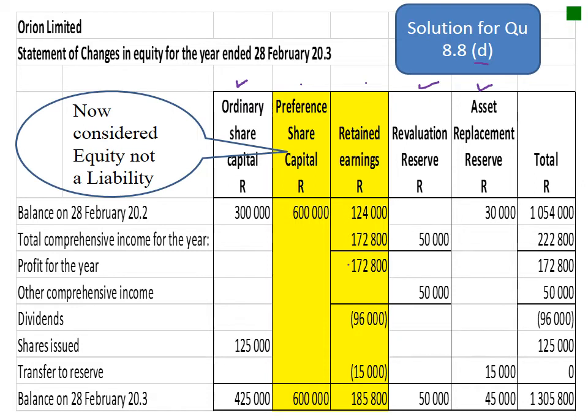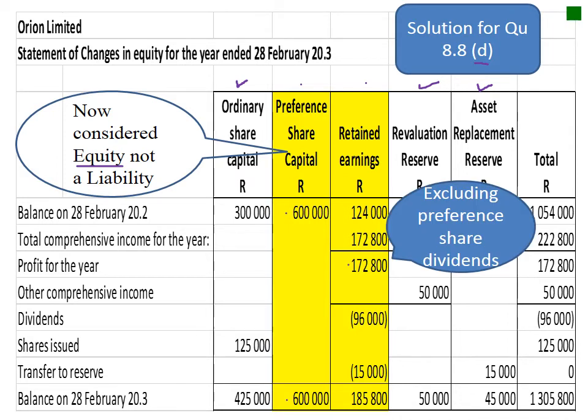What we can say about solution 88D is that preference share capital has been included because it's now considered to be part of equity, it's not a liability. The balance on the preference share capital, as per the information given in the question, was 600,000, and there was no change during the year, so the opening and the closing balances are the same.